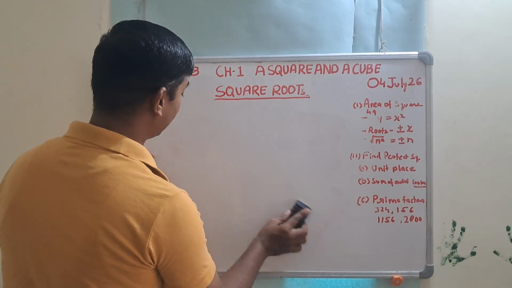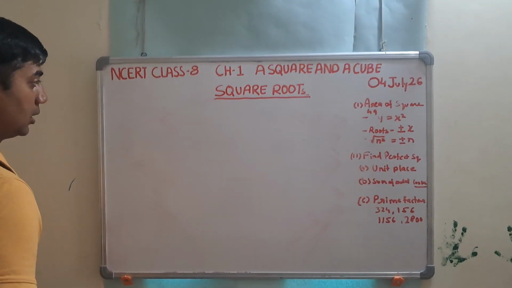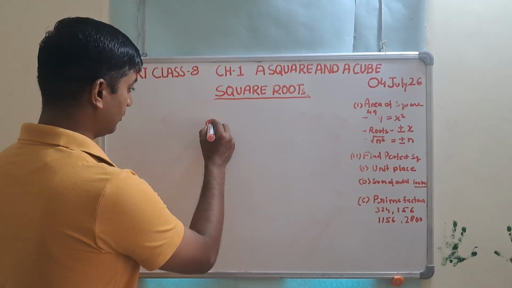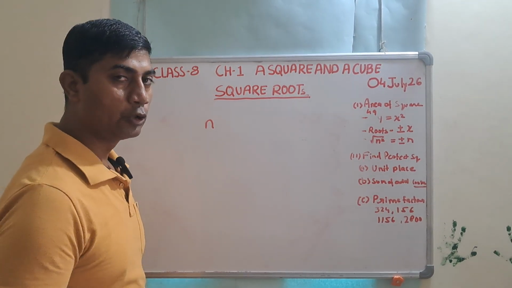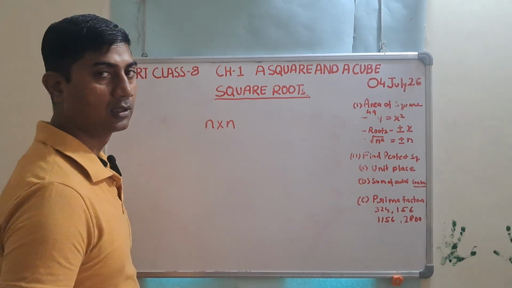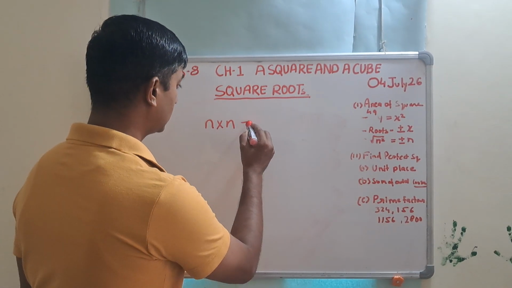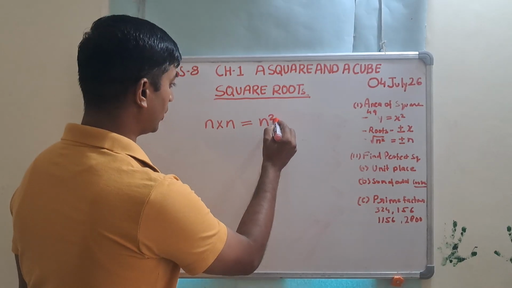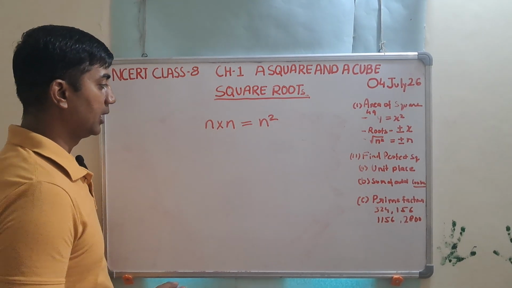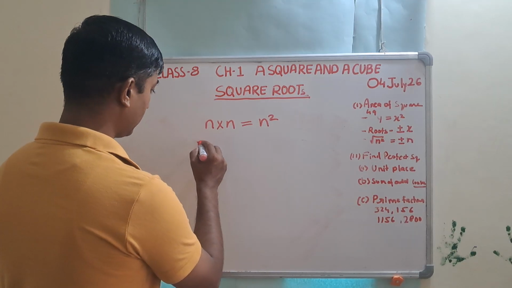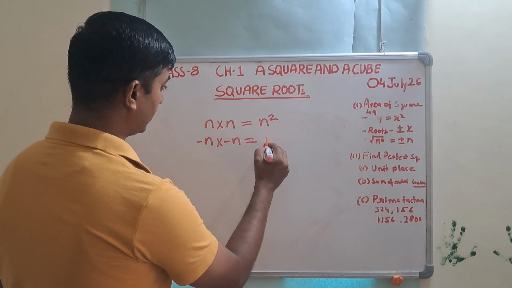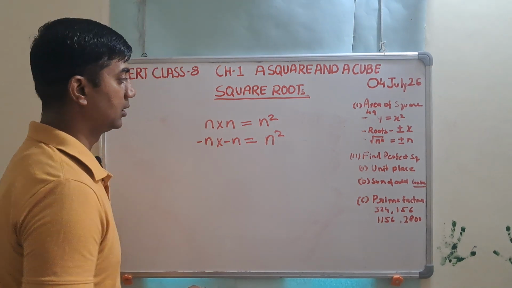Now let's generalize this. Suppose n is the number. How will you obtain its square? Multiplying by n. What will you get? n square. Understood? And there is one more number, minus n, multiplied by minus n, and you get n square.